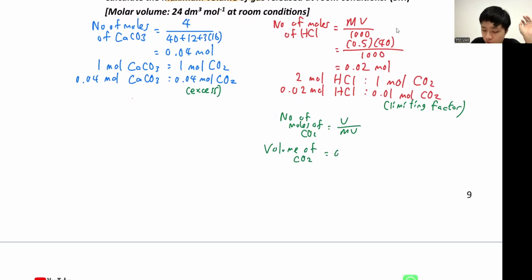The number of moles is 0.01. Molar volume is given as 24. So you get around 0.24 dm cube. Or if you want to change to cm cube also can. If you want to keep it as 0.24 also can. Multiply by 1000, you will get 240 cm cube. Also accepted.